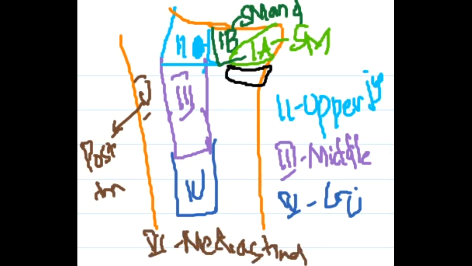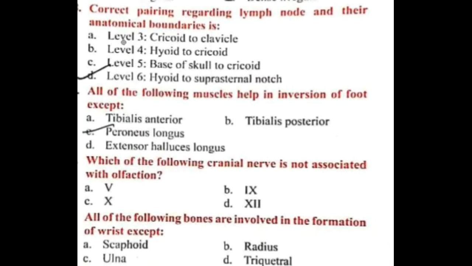Okay, so we will see the options here. First, level 3. Where is level 3? First we will name it. Level 3 is middle jugular, level 4 is lower jugular, level 5 is posterior triangular, level 6 is mediastinal.